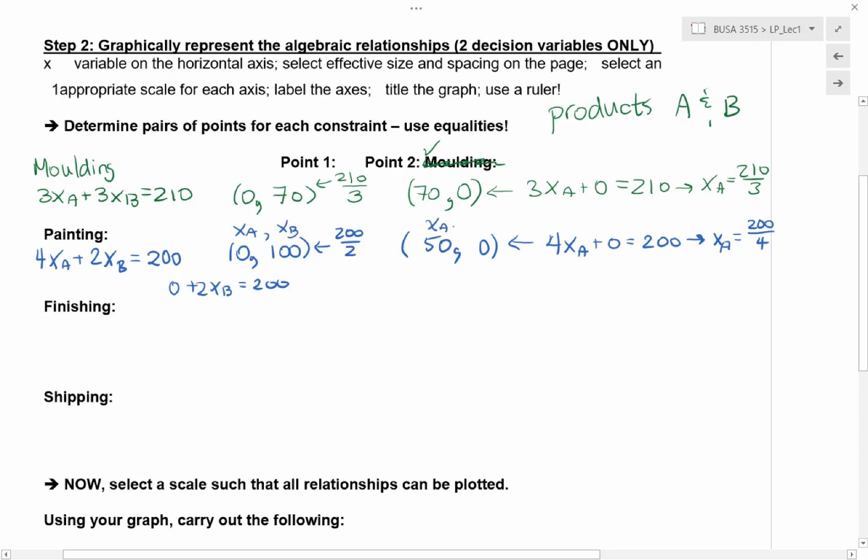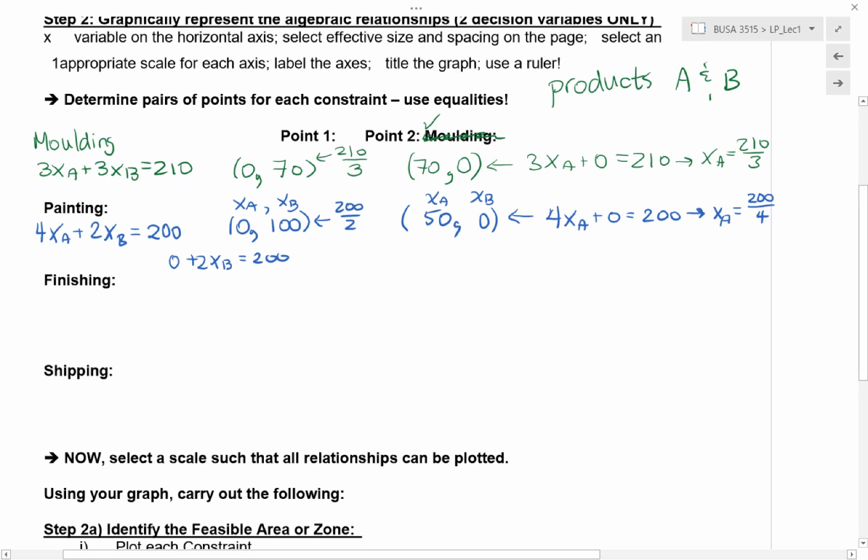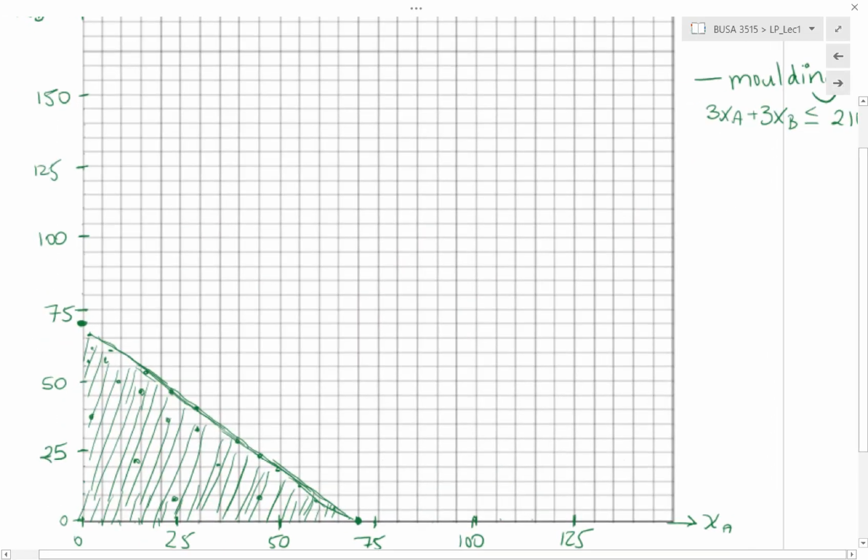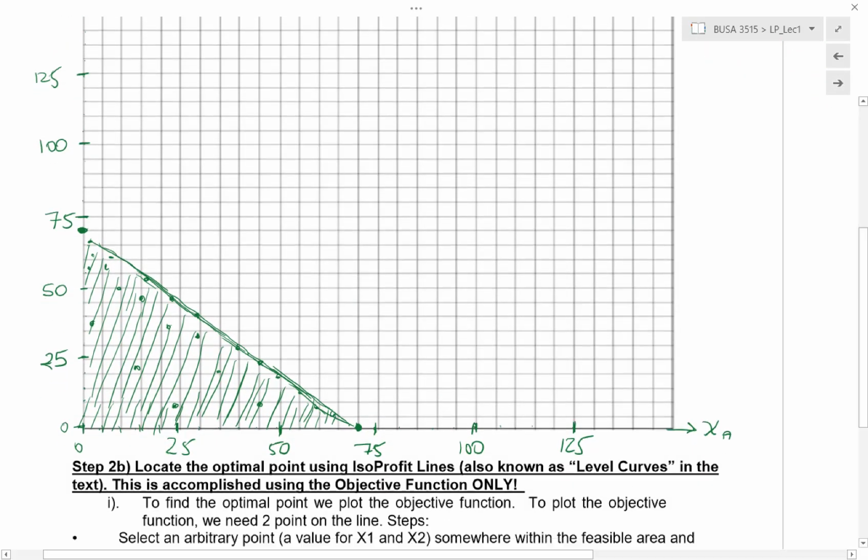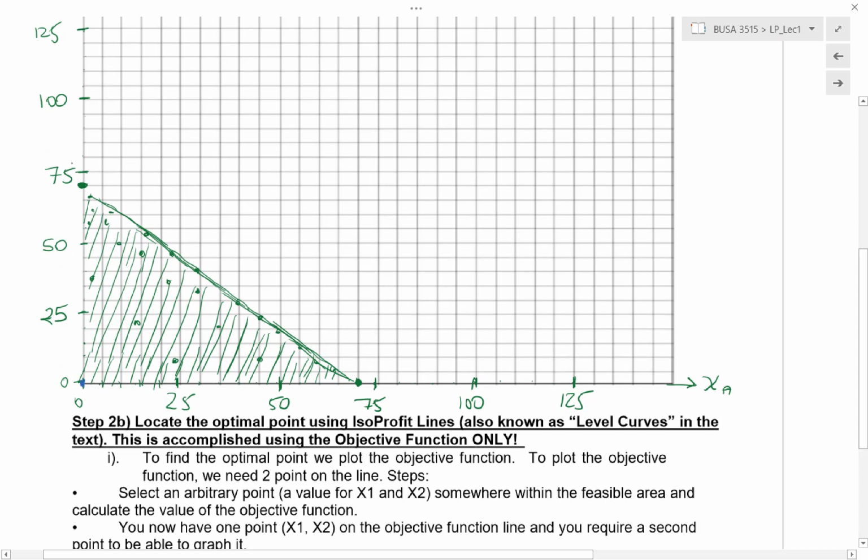Here XA is 50, XB is 0. Okay, so let's put those on our graph. So XA at 0, XB at 100 is actually our y-intercept. So XA at 0 puts our XB at 100 right here. And XB at 0 puts our XA at 50.